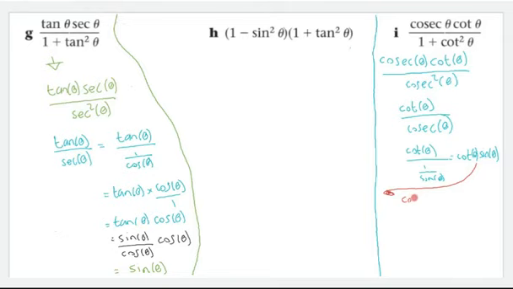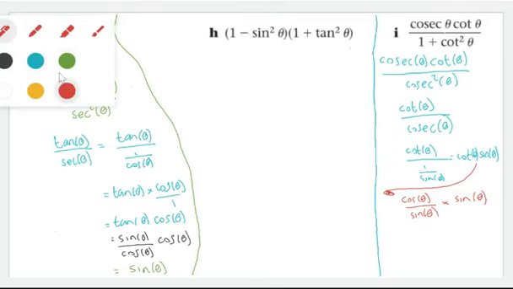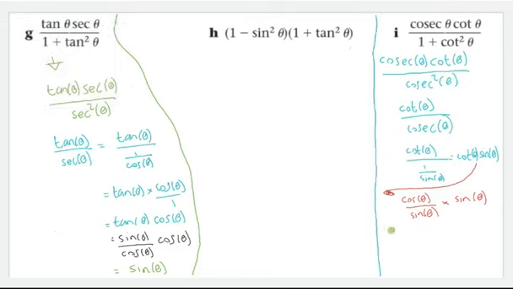So that becomes cos theta over sine theta multiplied by sine theta. So the answer is just cos theta. That's the one.